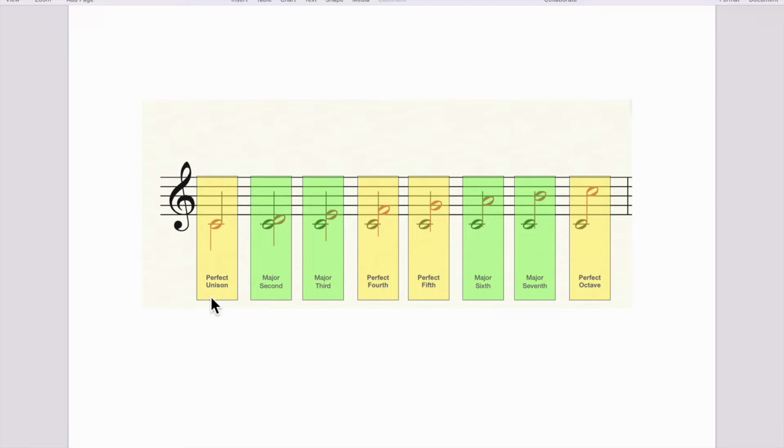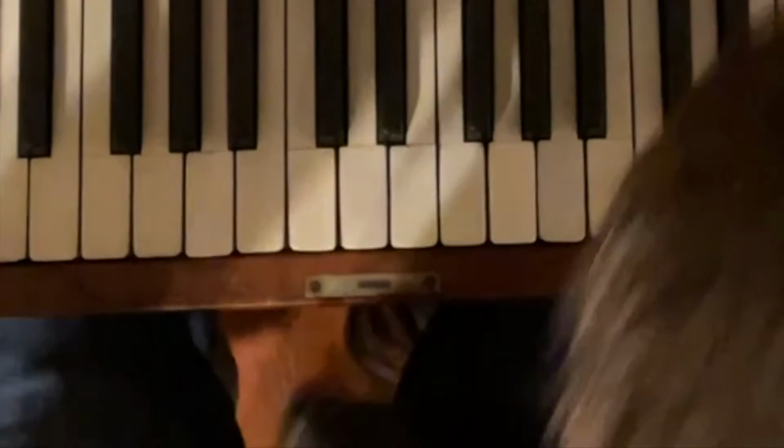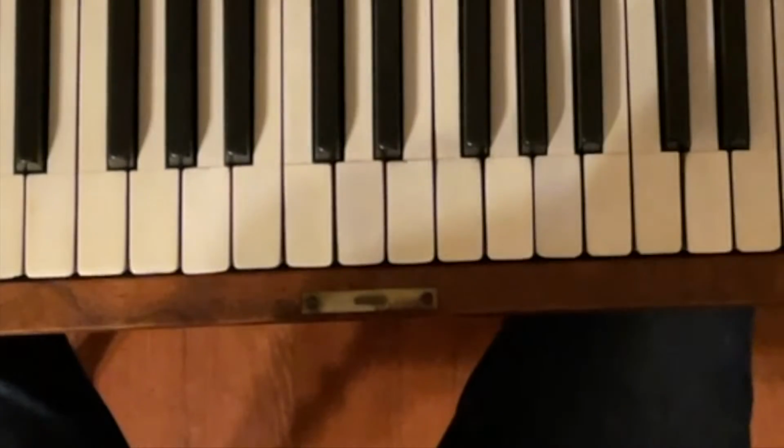So once again, unison, fourth, fifth, and octave are perfect intervals. Second, third, sixth, and seventh are going to be major. Now we'll take a look at our major intervals.